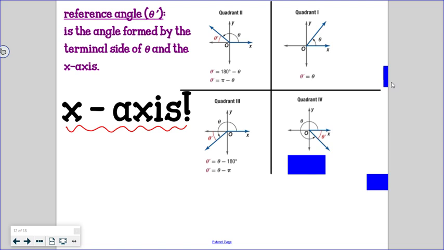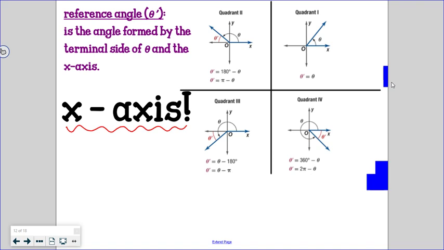If my angle were big enough to put me into quadrant 4, my closest x-axis would be finishing out a full circle. Well, a full circle is 360 degrees or 2 pi. So you see that it is 360 minus my angle or 2 pi minus my angle. Let's say my angle was 300 degrees. That would put me into quadrant 4. The closest x-axis would be 360 degrees, making my reference angle 60 degrees.